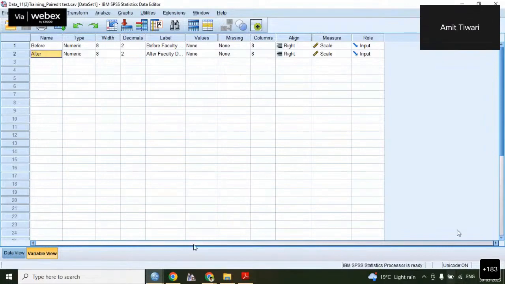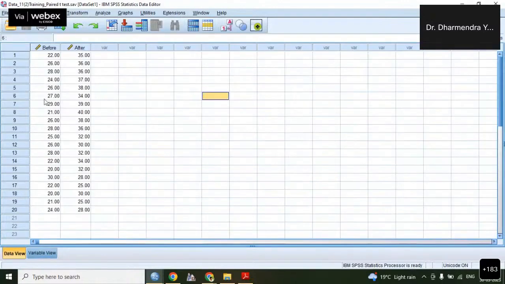Okay, so we have two variables, before and after. It is a numeric value. So before the faculty development program, this is our scale variable, and there is another variable, after the faculty development program. Then we have observations, some values on the scale we have converted. 22, 26.